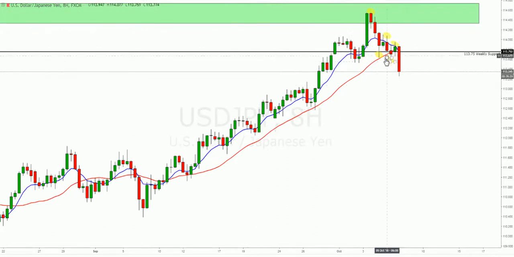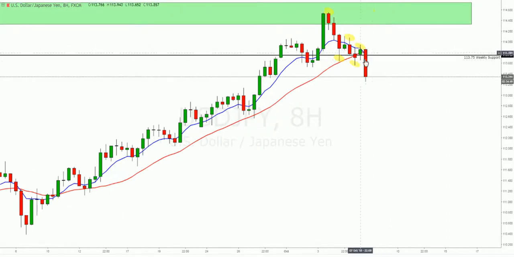Now 8-hour time frame, it shows that we have been forming these small lower highs, lower lows, but until today we were failing to break this previous low here. The last 8-hour candle spiked through the moving averages after finding support on the 113.75 level, but then price just melted, and the moving averages are just crossing over now, as we await the close of this.